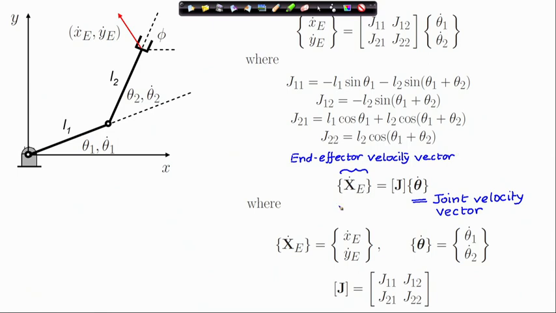So, the end effector velocity vector is related to the joint velocity vector through the Jacobian. So, this is our Jacobian, where we have these definitions of the end effector velocity vector and the joint velocity vector.